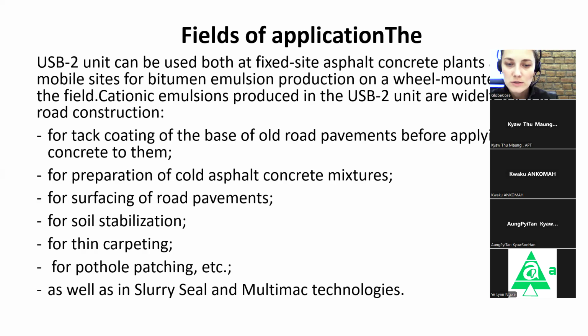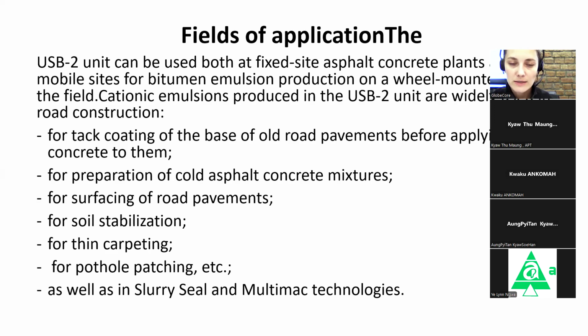GlobeCore's machines come in a range, and the most popular ones have capacities of 2 cubic meters per hour, 4 cubic meters per hour, and 8 cubic meters per hour for production of bitumen emulsions.